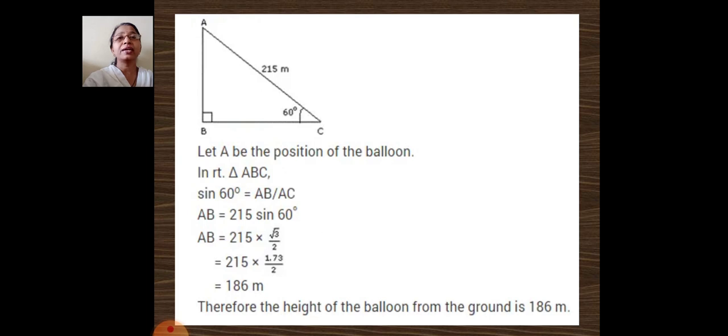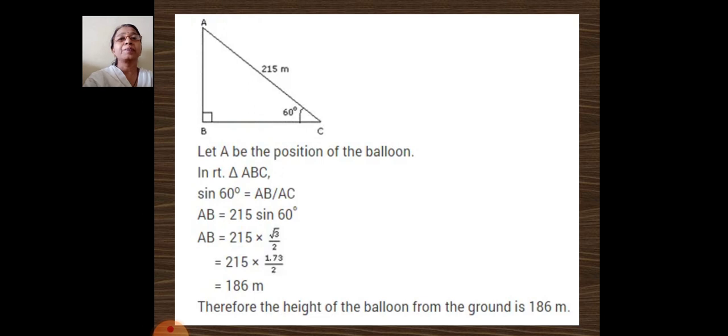So this is that diagram, that AB represents that station, okay, and A is the position of that balloon. Now that cable wire which is 215 meter is tied at point C, making an angle of elevation of 60 degree, and therefore triangle ABC is a right angle triangle.